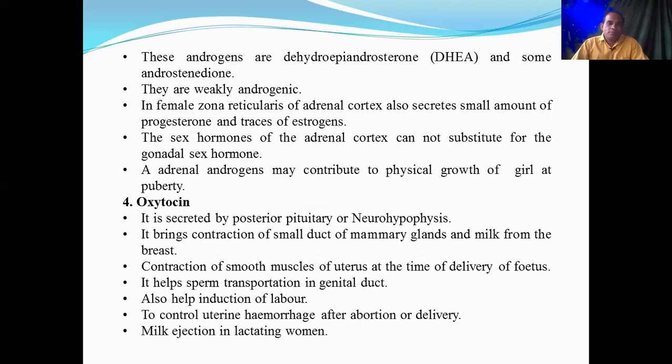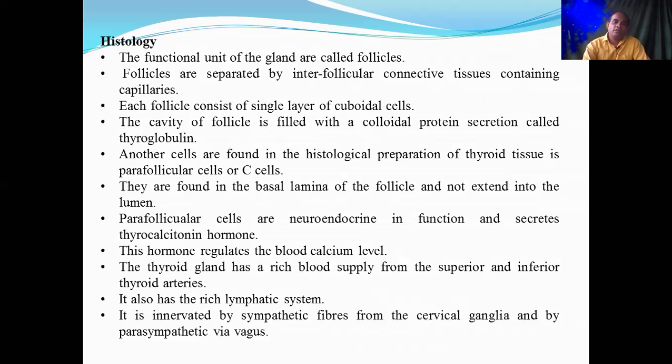It helps sperm transportation in the genital duct, helps in induction of labor, and controls uterine hemorrhage after abortion or delivery. It also helps in milk ejection in the lactating woman.